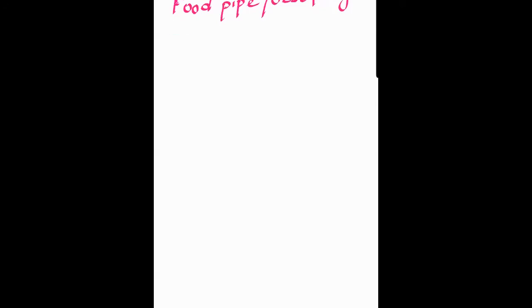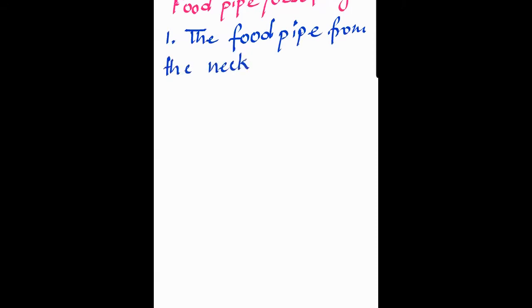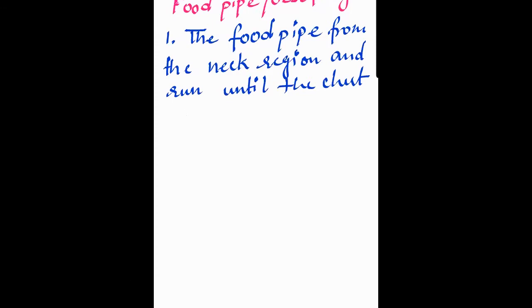So we'll see with the first point, like what is esophagus? The food particles will enter into a food pipe, nothing but esophagus, from the neck region and run until the chest areas in animals. After that, what will happen?